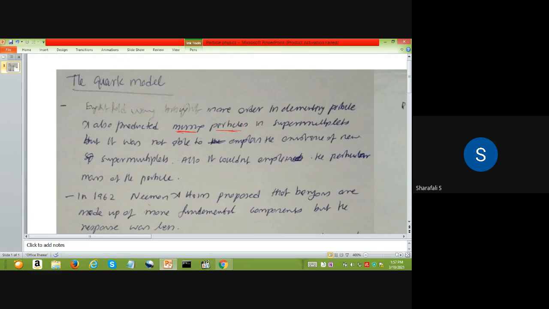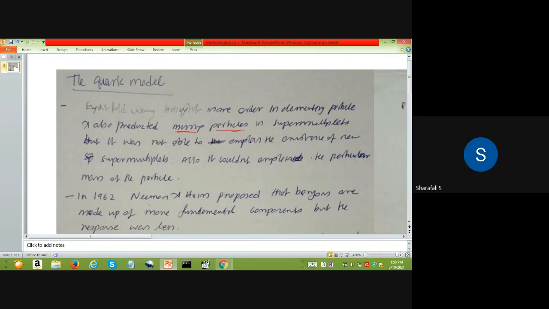They also predicted all the properties associated with those particles which were not discovered at that time. And later on, it was experimentally observed, and that made the eightfold way a successful model.